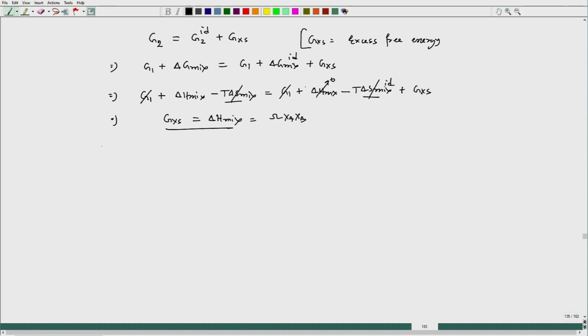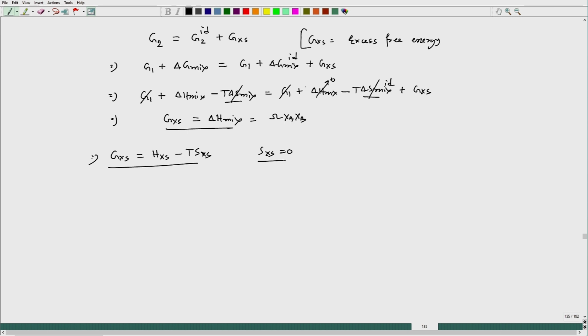Then Gxs can also be written as Hxs minus T Sxs. Since this Sxs is 0, because we do not get any excess entropy when the solution is formed ideally or non-ideally, this is 0.